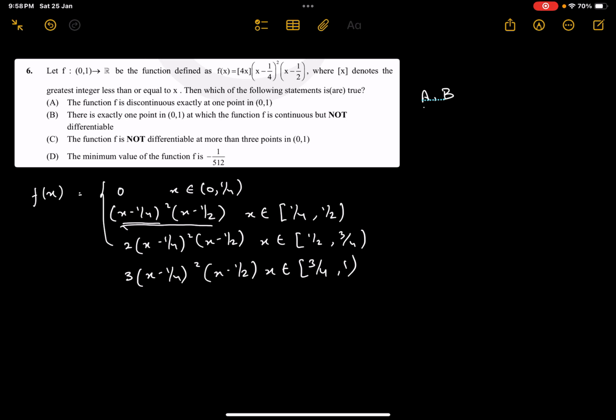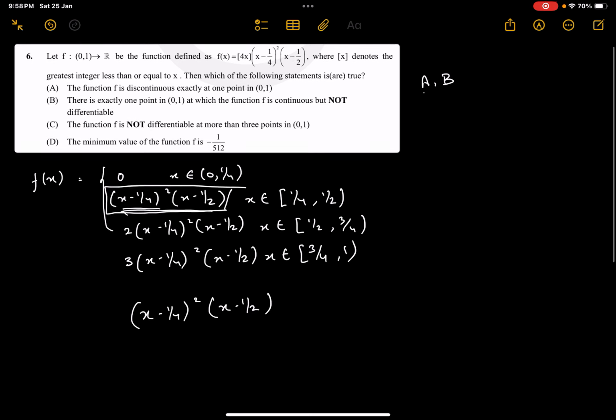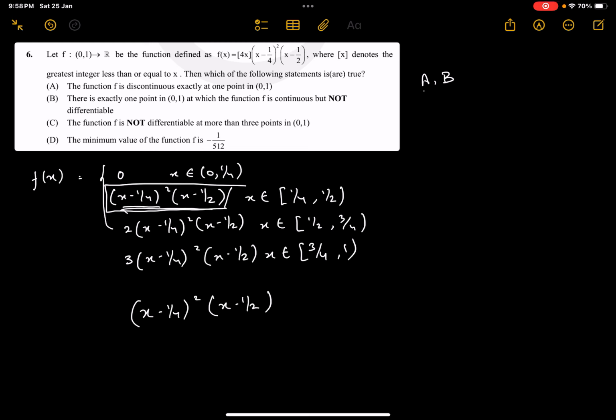And to check the minimum value, the minimum value would be from this branch because otherwise the function is positive. So we'll have to find the minimum value of x minus 1 by 4 squared into x minus half. For which we'll differentiate this, so that gives us x minus 1 by 4 squared into the derivative of this, which is 1, plus 2 times x minus 1 by 4 into x minus half, so that gives us x minus 1 by 4.